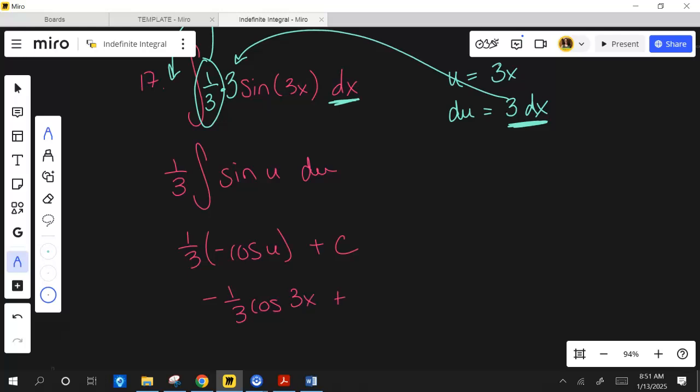Antiderivative. Oh my gosh. What's the homework? That's as far as you got.